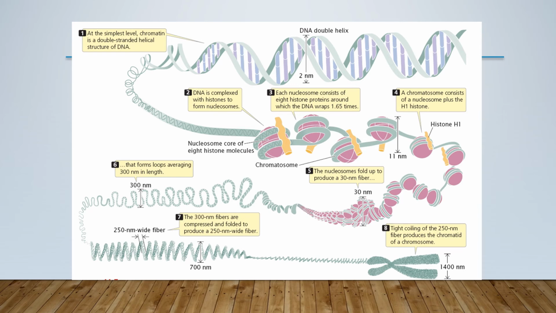So this is the full process that we've just discussed. We're starting off with the DNA double helix, which you're all well familiar with, but these added extra steps in terms of forming the nucleosomes and then folding up on top of each other, and then eventually getting back to the thing that you are familiar with, the chromosome at the end. So what I'll do is provide this diagram to you electronically.